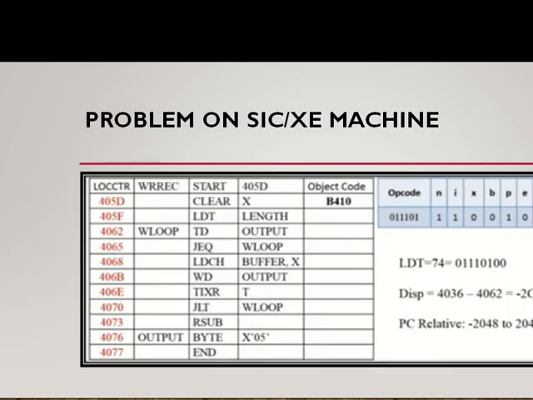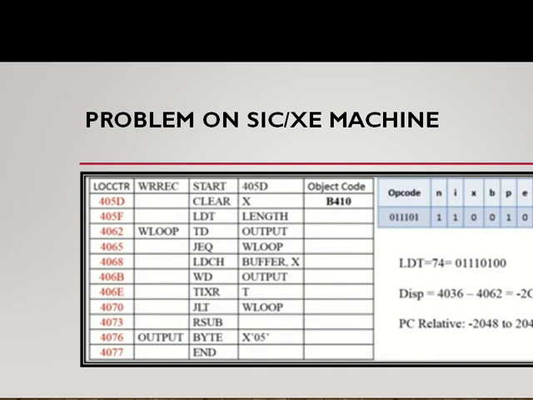Then we will move to the next instruction, that is LDT length. It is of format 3. How do we come to know this? Because length, output, wlook, which are used with LDT, TD, JEQ, refer to format 3. If we have a plus in front of the instruction, then we say it is format 4. Both formats have the same instruction formatting, but they differ in the flag bits.